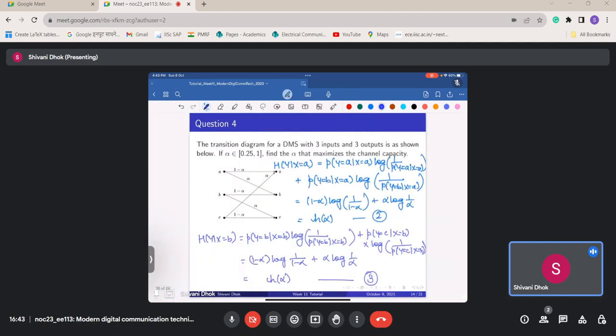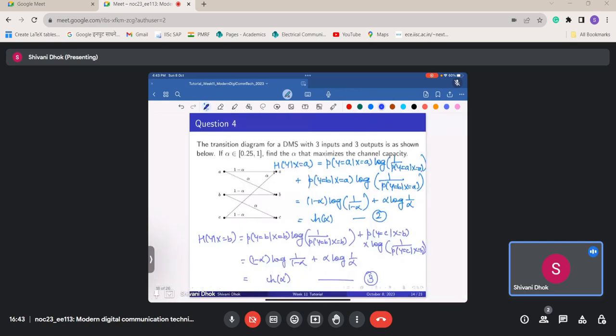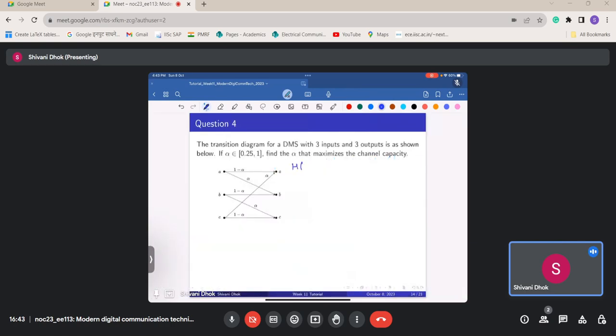So here the third value that we need to find is uncertainty of y given x equal to c. So we need to find h of y given x equal to c.